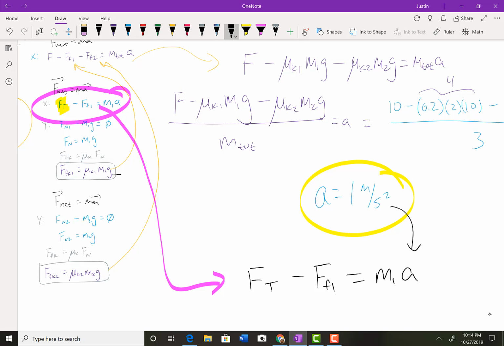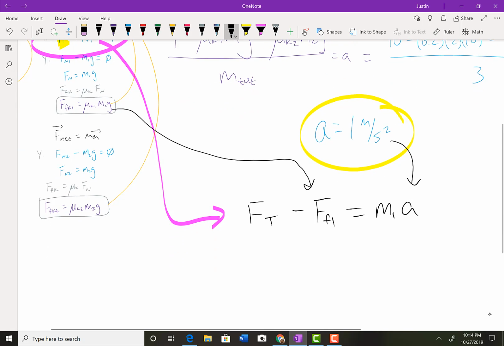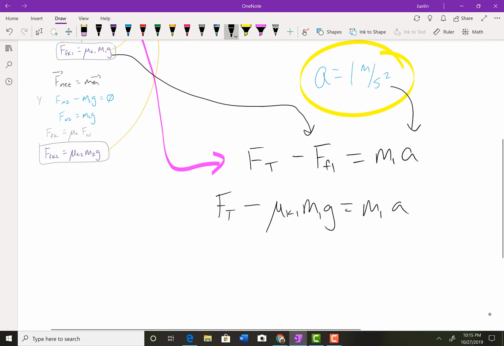I'm also going to use this coefficient of friction, M1G, equation relationship into there to solve for this. Sure, I'll plug it in right now. So it's going to be the tension force minus the coefficient of friction for block 1 multiplied by M1 times G equals M1 times A. Now I'm going to add this term to both sides.